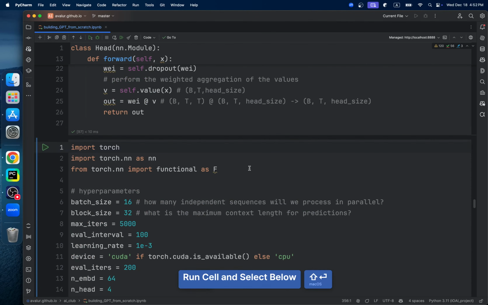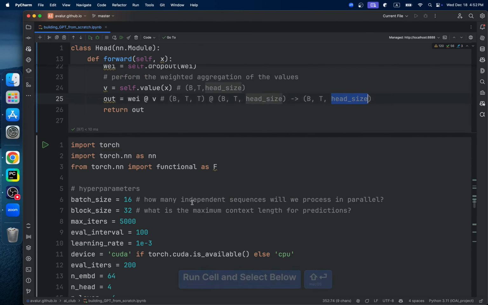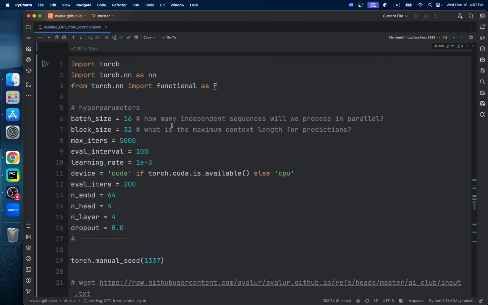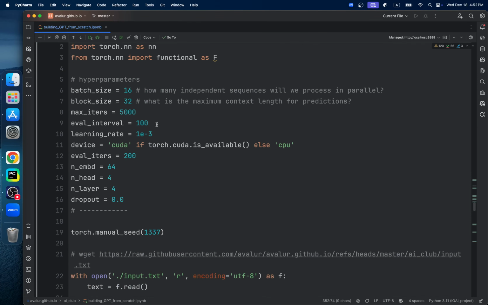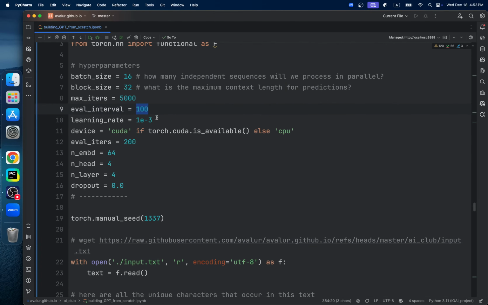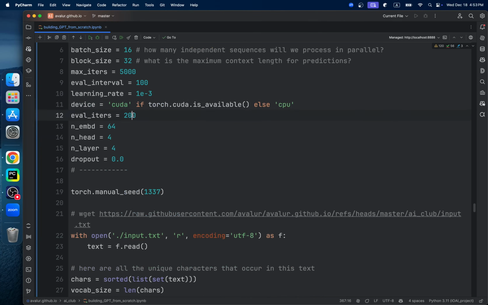So let's go on to the whole model. The model has all the same hyperparameters. The batch size was 4, but now we changed it to 16. Then the block size was 8, and now it is 32. Then the maximum iterations, the evaluation interval, the learning rate, the device to perform computations, and so on.